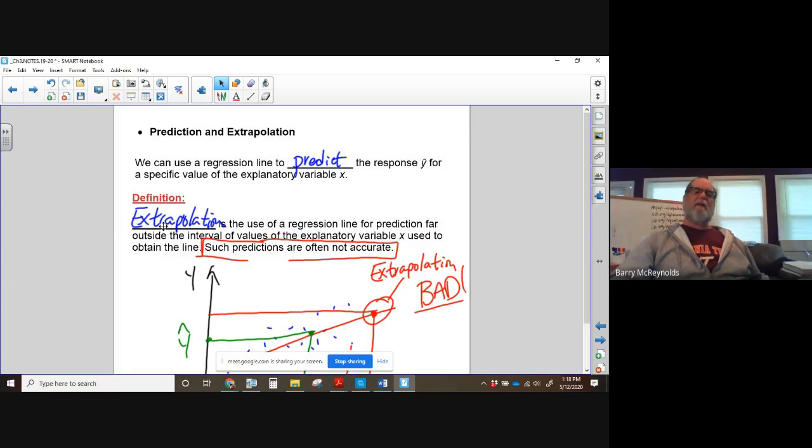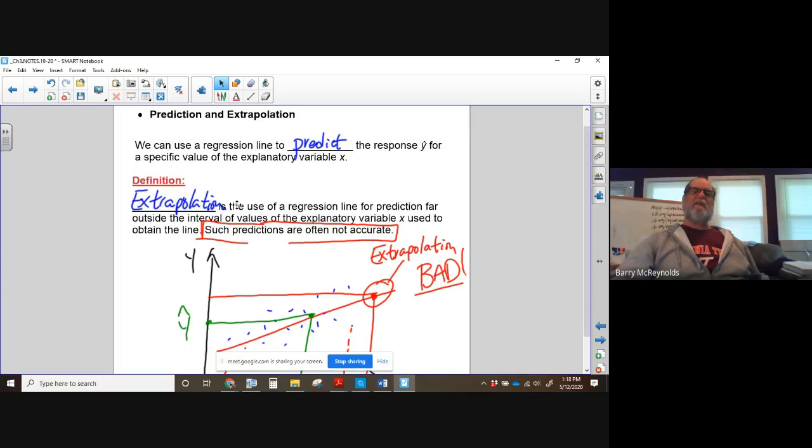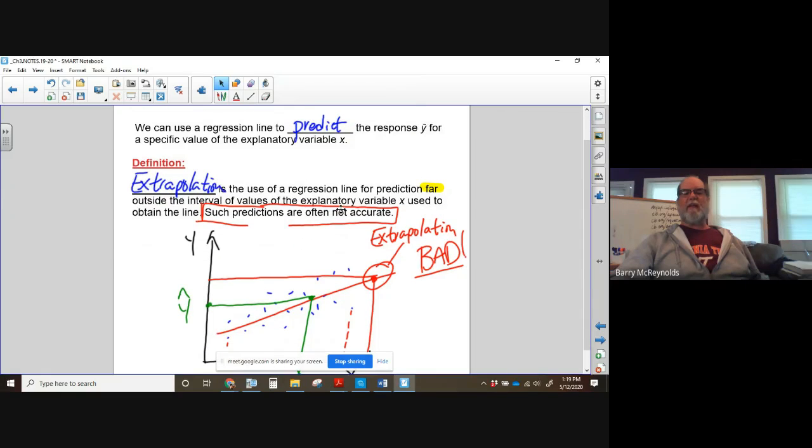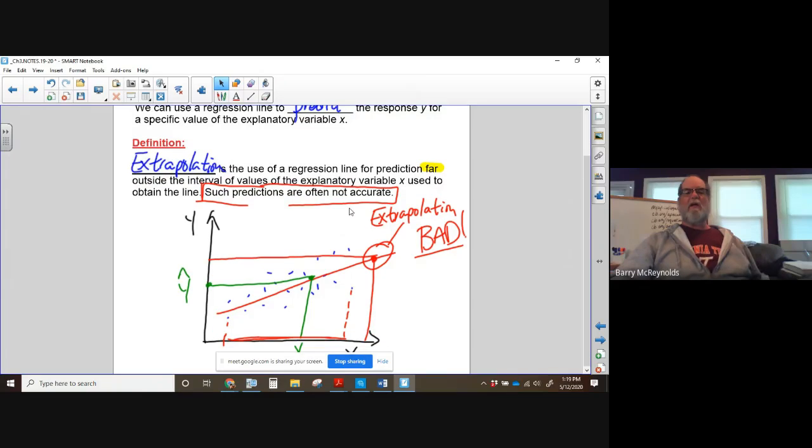And this notion of extrapolation is using the regression line to predict values far, and I'm going to highlight the word far here, because I want to emphasize that extrapolation is using the regression line to predict far outside the interval of values used to calculate the explanatory variable.